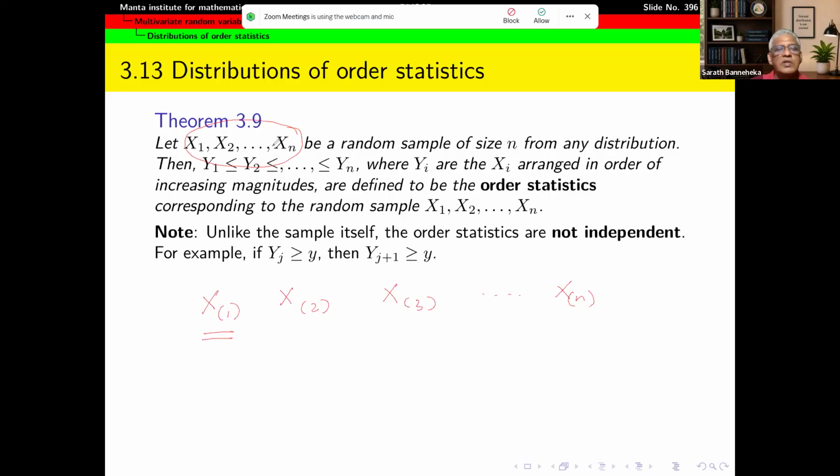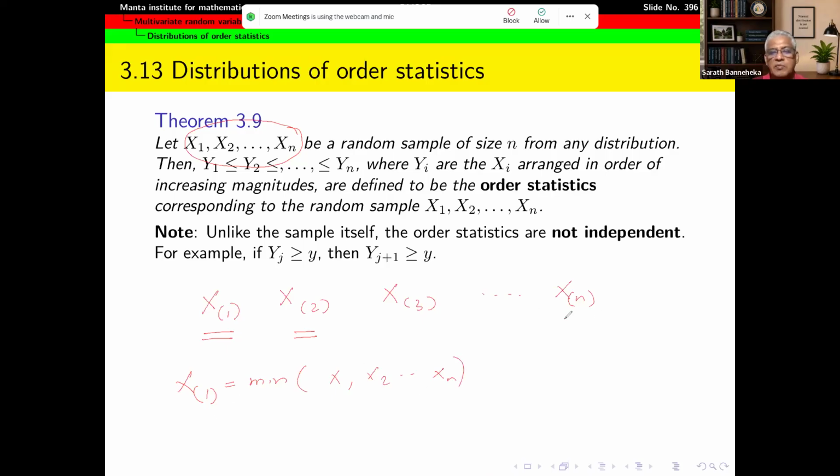Here we are assuming that they are IID, independent and identically distributed. That means x1, x2 up to xn are independent and have the same distribution. But this is some function of x1 up to xn. So that is actually the x(1) here, which we denote by x within bracket 1. That is the minimum of x1, x2 up to xn.